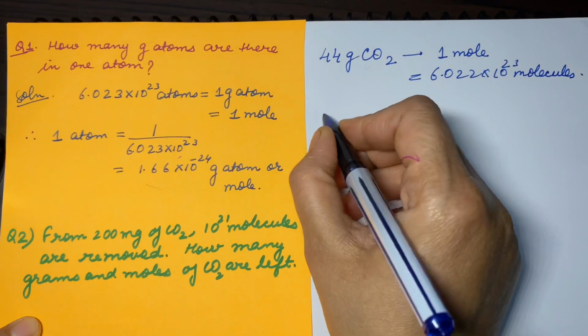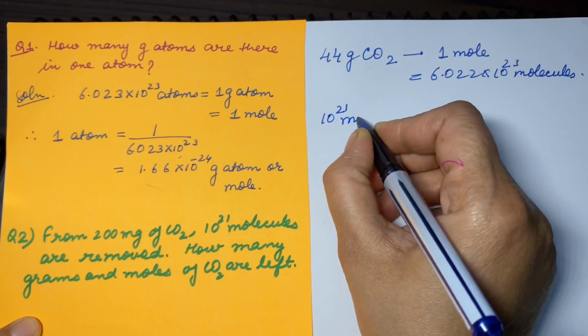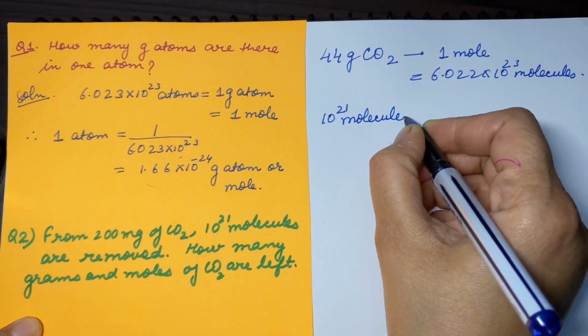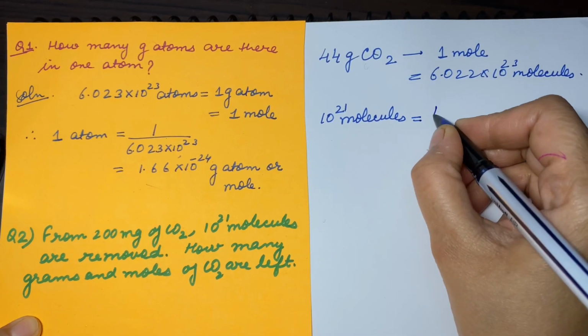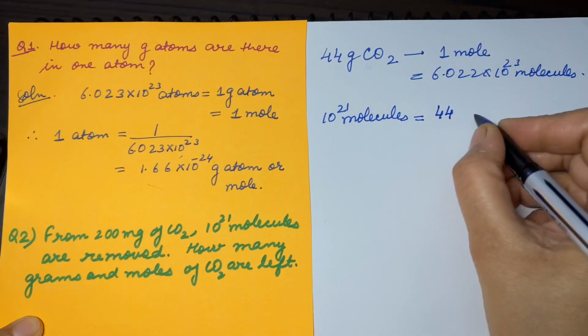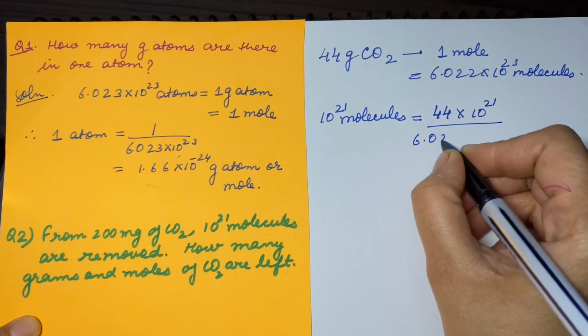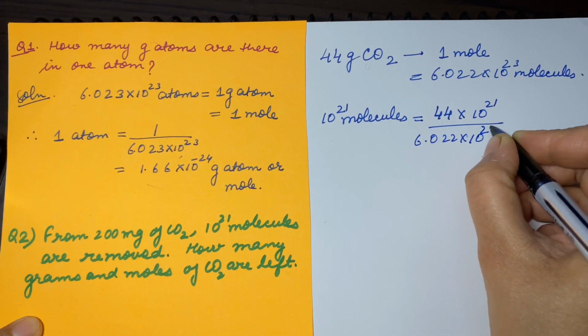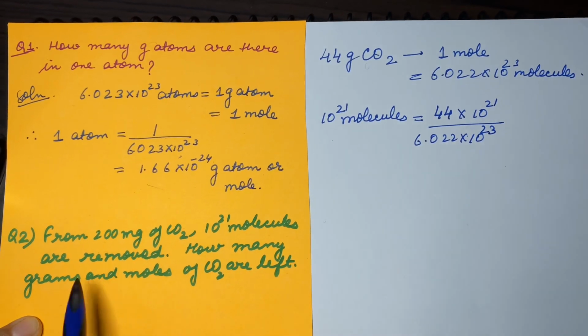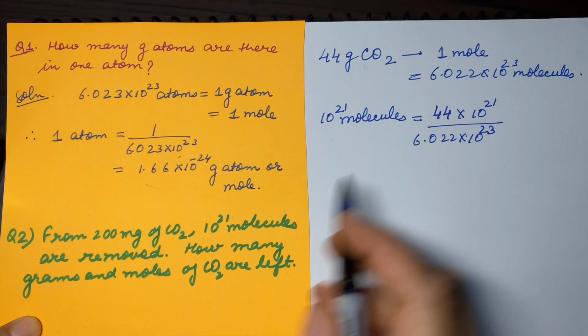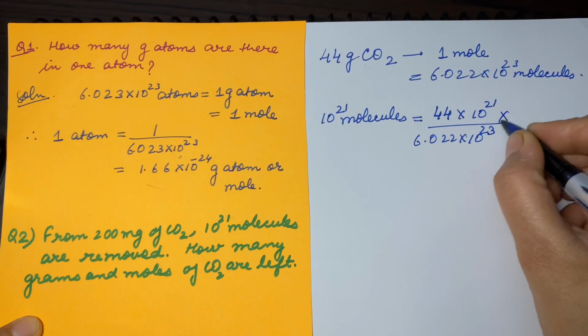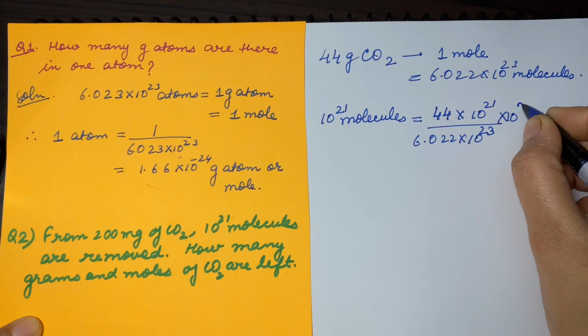So if we calculate the weight of 10 to the power 21 molecules, it is equal to 44 into 10 to the power 21 divided by 6.022 into 10 to the power 23. Now, since it is given in milligrams, we can convert this gram into milligram also, multiplying by 10 to the power 3.